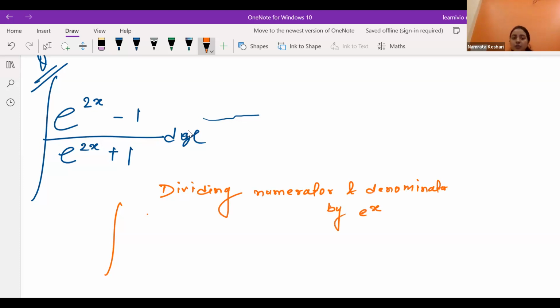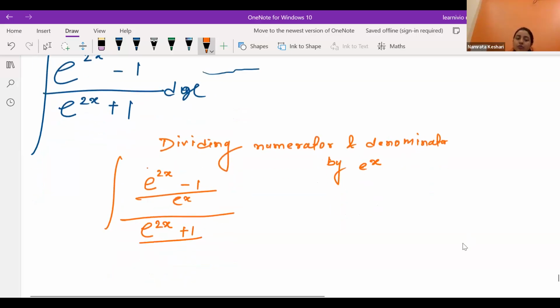Let's see what are we going to get, Annapurna. So if you will divide this e to the power 2x minus 1 by e to the power x, and the same thing if you will do with the denominator, e to the power 2x plus 1 by e to the power x. Think about it. The numerator will become e to the power 2x by e to the power x will be e to the power x only. Yes or no?